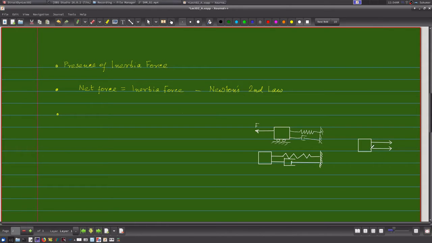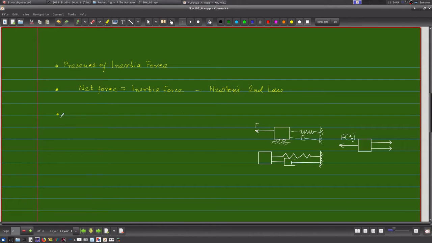Therefore that will be equivalent to another force towards the right hand side. And we already have the dynamic force in the opposite direction, which I call Ft.